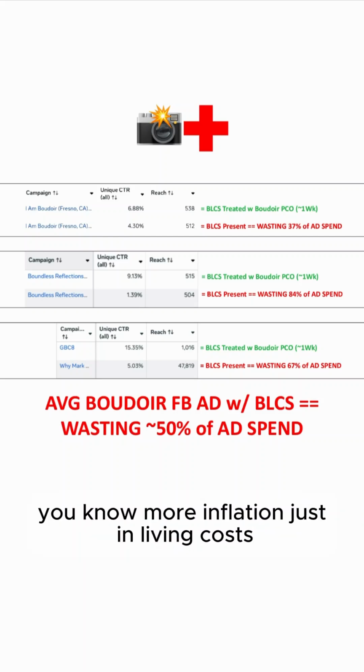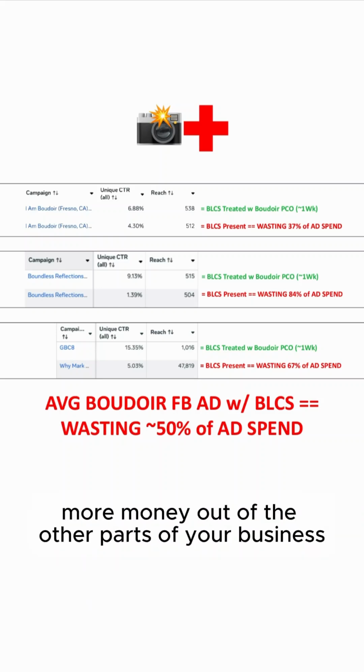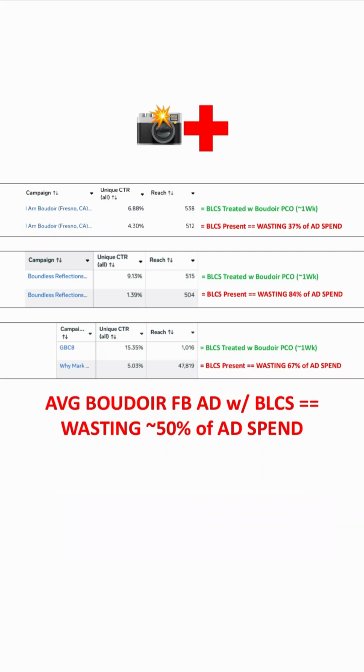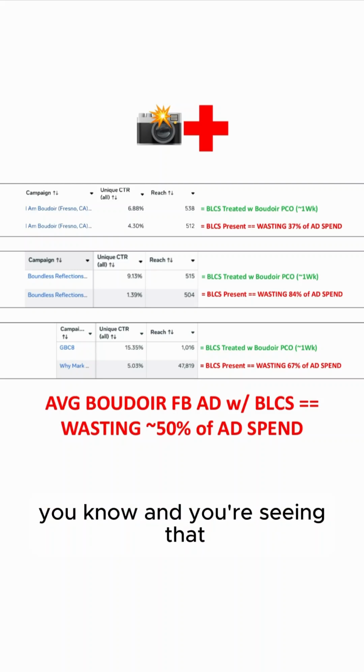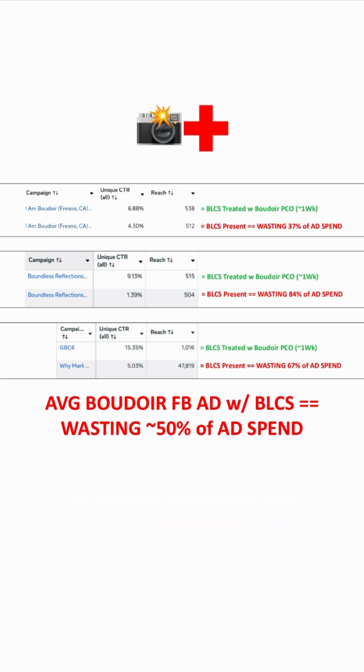You're seeing more inflation in the cost of living, and you're pulling more money out of the other parts of your business. And you're seeing that since you spend more than 10 grand a month on Facebook ads, we can eliminate approximately 5K of that per month, put that back in your pocket, you no longer have to spend it.